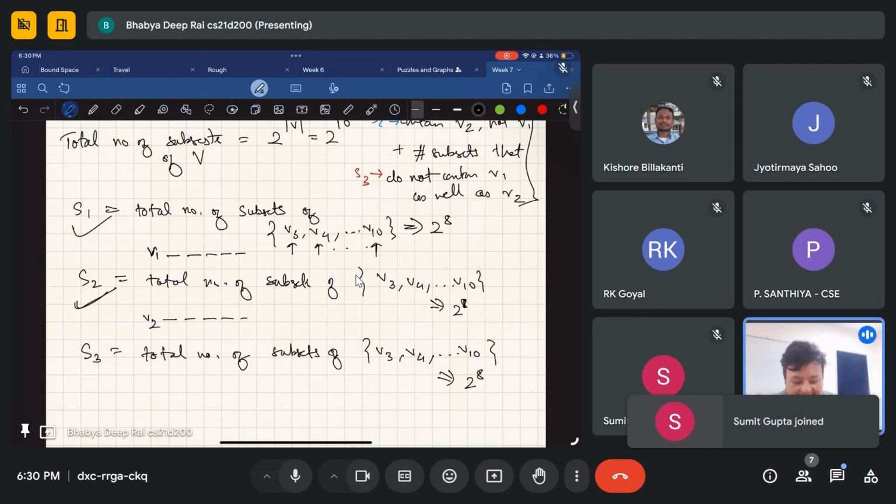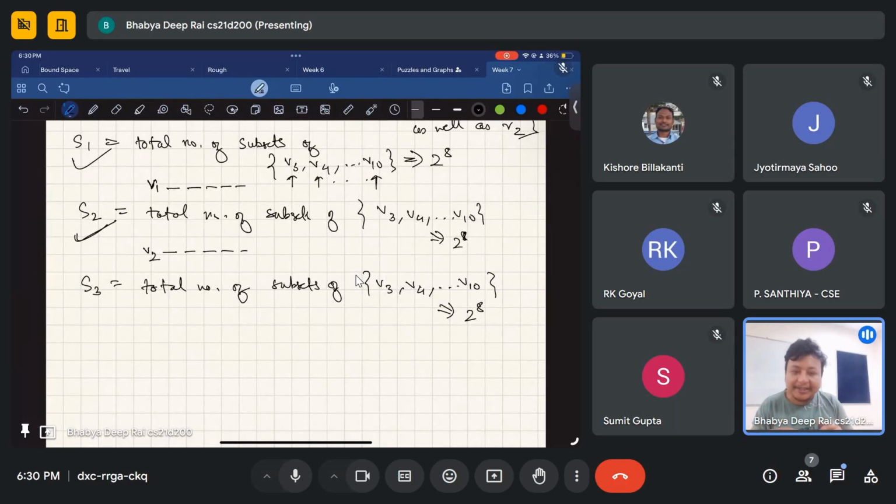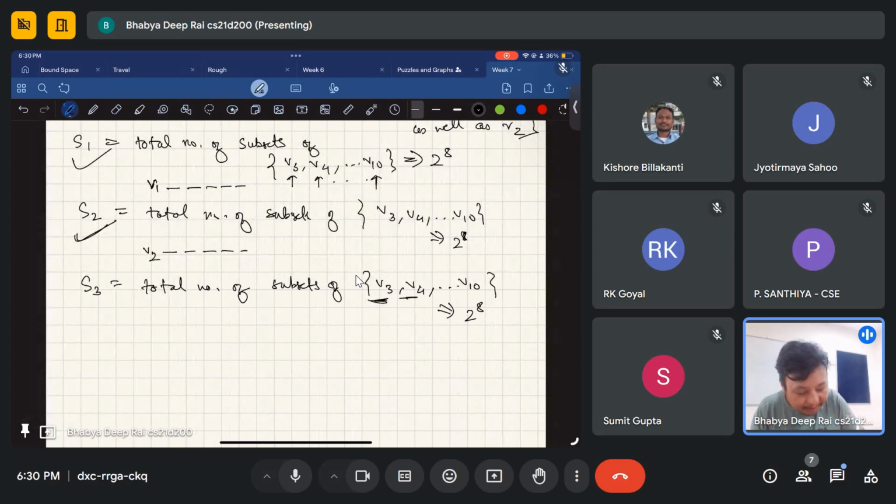Now the final case is, you could have chosen neither V1 nor V2, in which case the number of subsets is still the same, 2 power 8, because you're not including anything into the subsets, but still the count is the total number of subsets of V3, V4, and so on till V10.